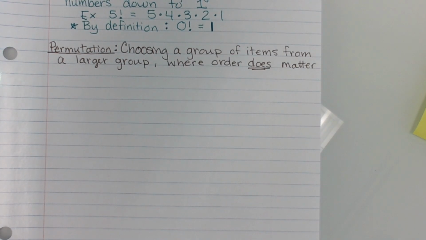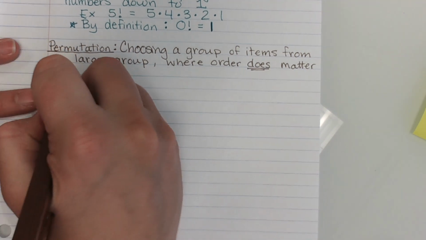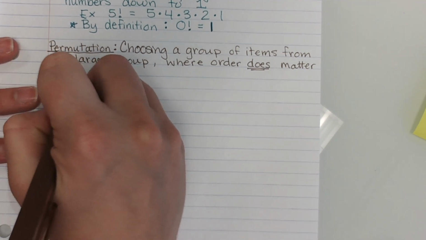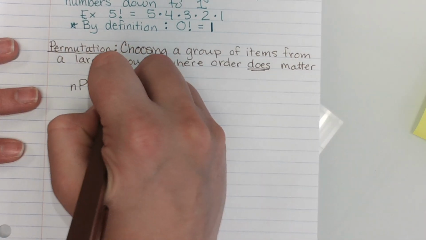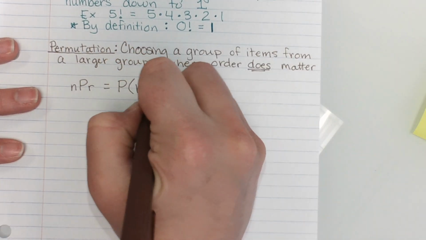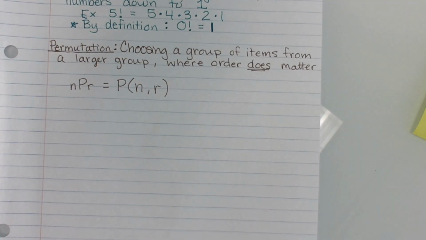Permutations have some similar notations. They also have a similar formula. There's one fewer notation that you will see though. There is the NPR option, and then there's the P in front of NR. N and R work the same way.